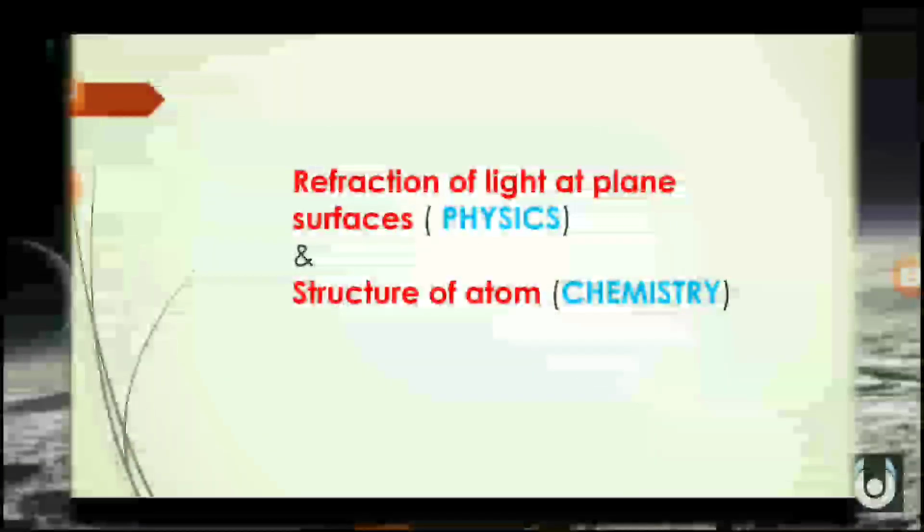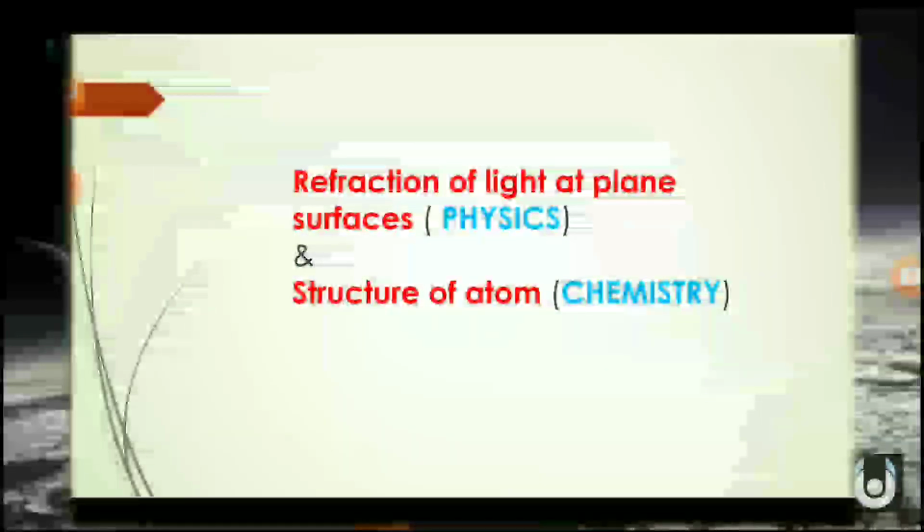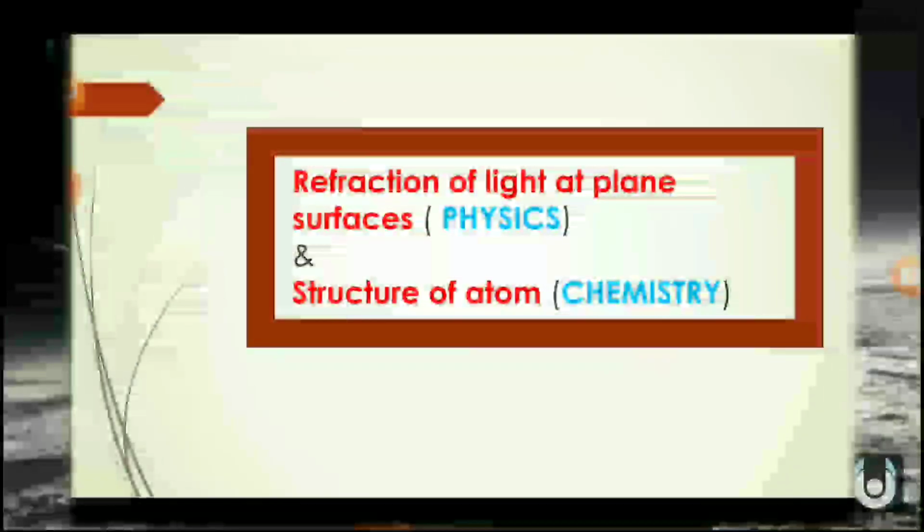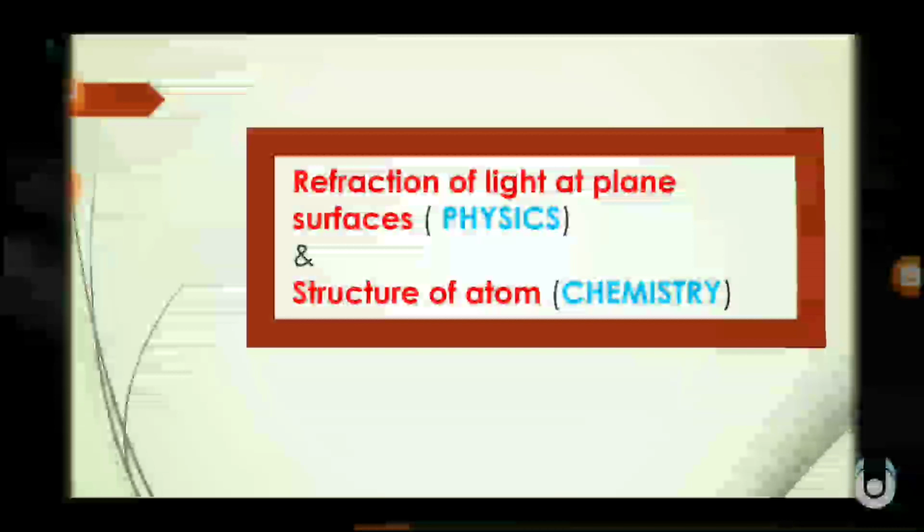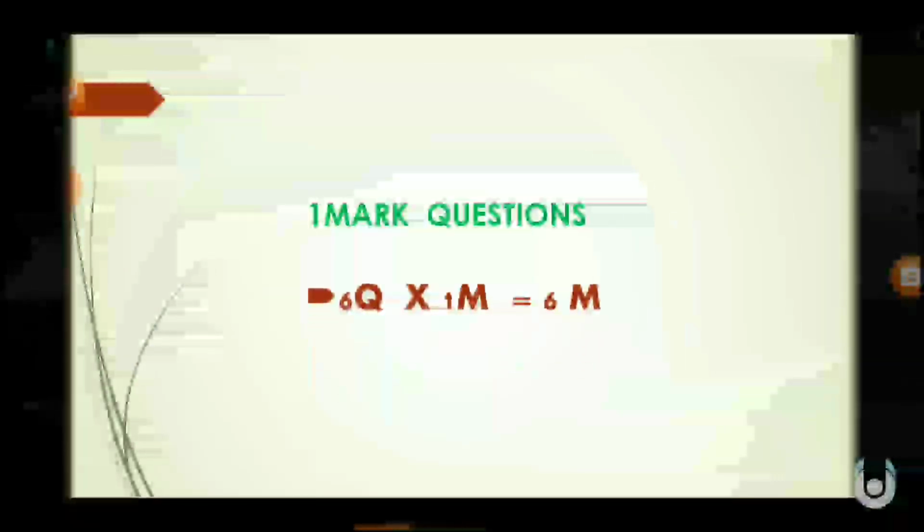Refraction of light at plane surfaces from physics and structure of atom from chemistry. 1 mark questions: six questions at the rate of 1 mark each, which is equal to 6 marks.